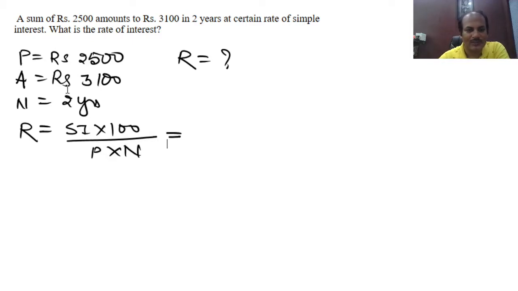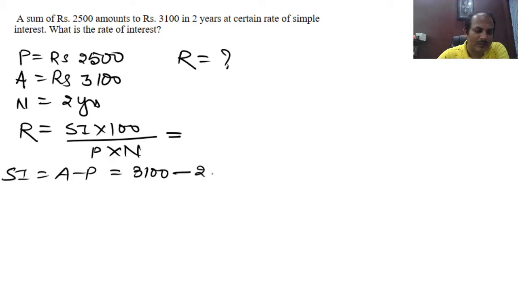Fine. So let's find amount minus principal, that is 3100 minus 2500. So simple interest is equal to amount minus principal, which is equal to 3100 minus 2500. So that gives me simple interest as rupees 600.